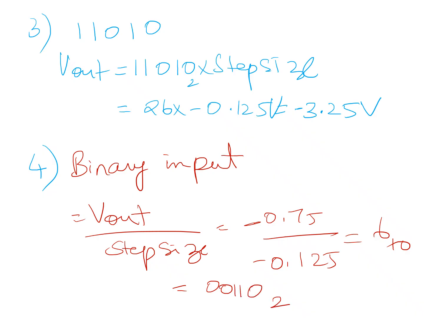Yes, so these are the different sections. So for the given question, we calculated the step size and the full scale output voltage. For the given data of 11010, we calculated the output voltage, and the binary input was asked for minus 0.75 volts. So we have calculated it. Now we are moving into another example.